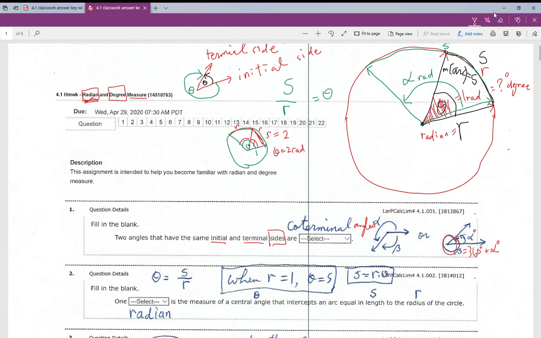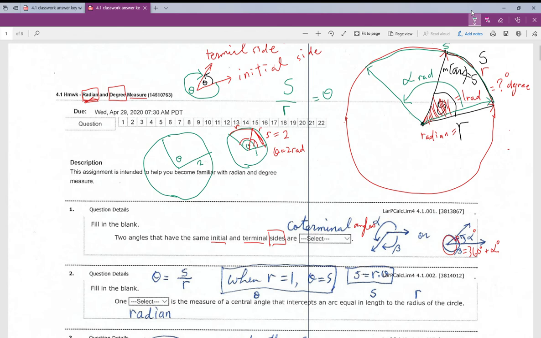Now, if I have a bigger circle, and my radius is 2, I open my angle theta.